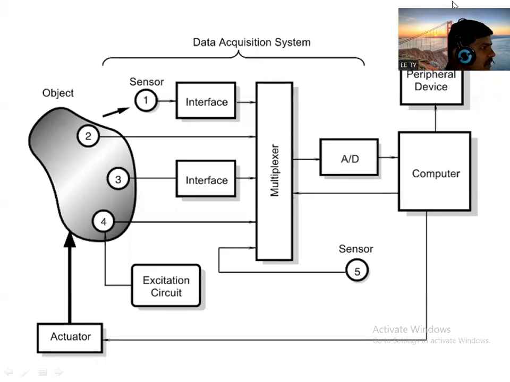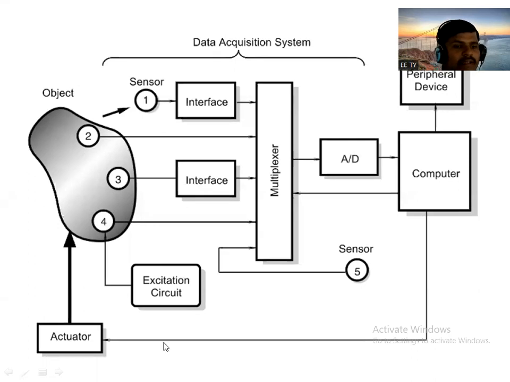As I have told you already, it is at the input side. So it will sense the object condition, the stimulus condition and property, as well as the material state.